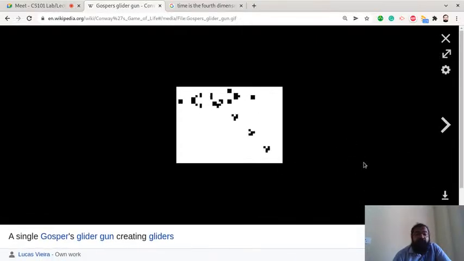It will be something like this, which means that there are 2 blocks. There are some heavyweight and middleweight spaceships, which will keep changing depending on the generations, and with each generation you will have new gliders being formed. So that is the idea of this Gosper's glider gun.